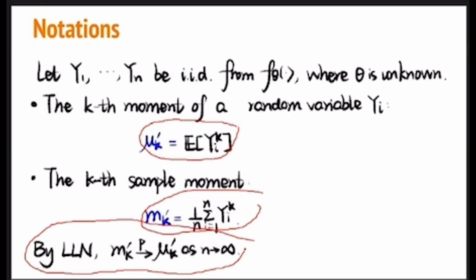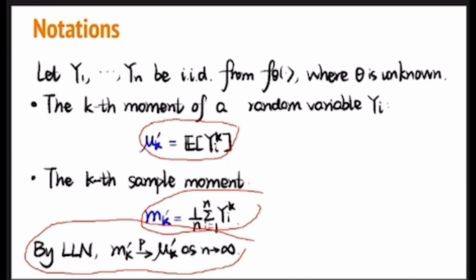When that happens, the method of moments will use the idea that the sample moment equals the population moment to derive the estimator. So the method of moments works following the convergence of these. Without the convergence of these, there's not going to be a method of moments, because the method of moments tells us to equate sample moment to population moment and find our estimator.